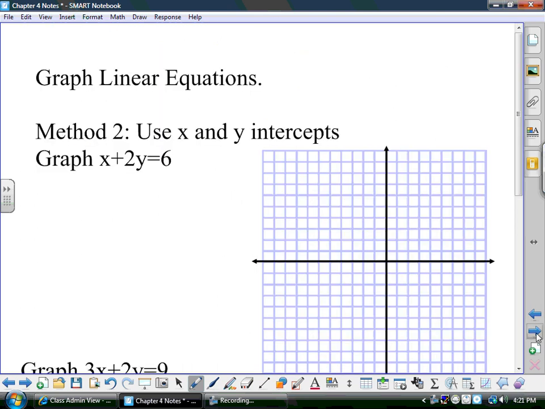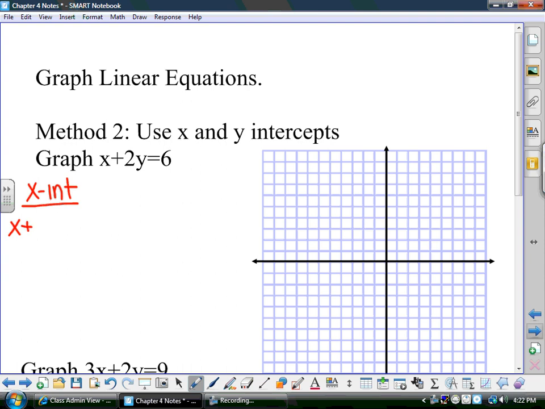Two quick examples of graphing a line using the x and the y-intercepts. The first one, we're going to graph x plus 2y equals 6. I'm going to find the x-intercept first. My note says that I'm supposed to put a 0 in for y.